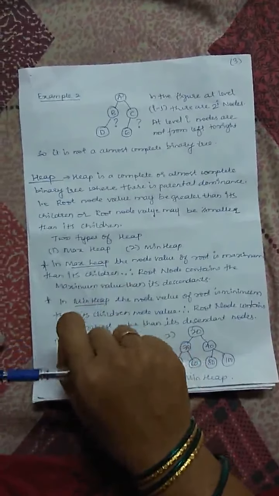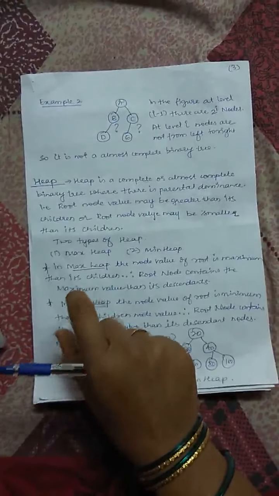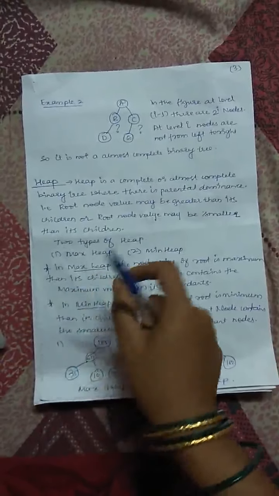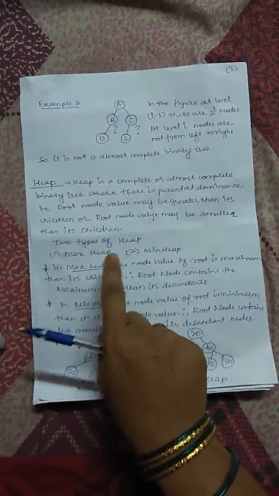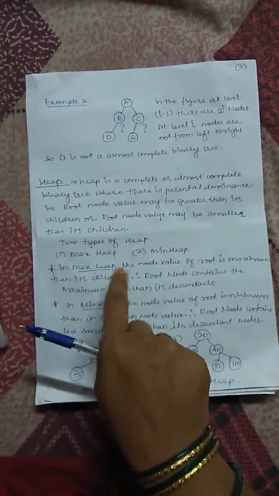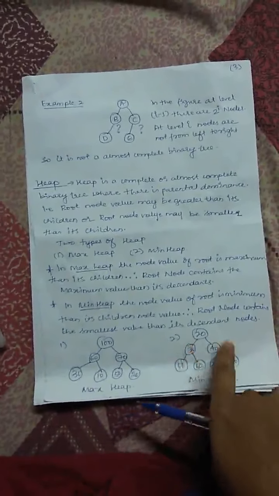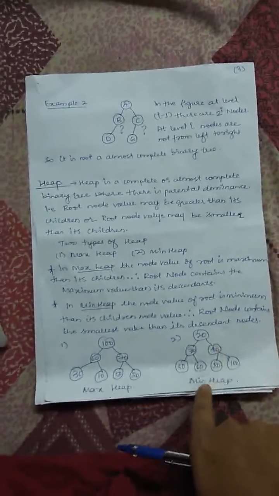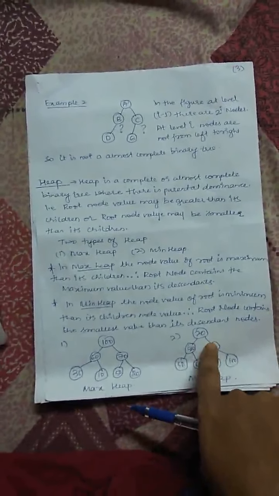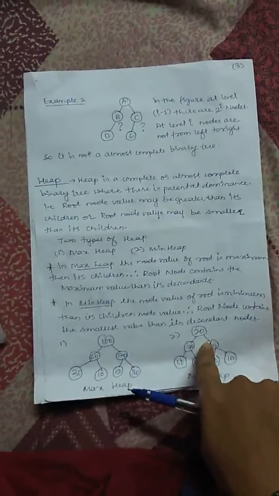In ascending dominance, that is in the minimum heap, a parent node will be less than its children nodes. The value of the parent node will be less than its children nodes. This is called a minimum heap. So this is parental dominance, minimum parental dominance.